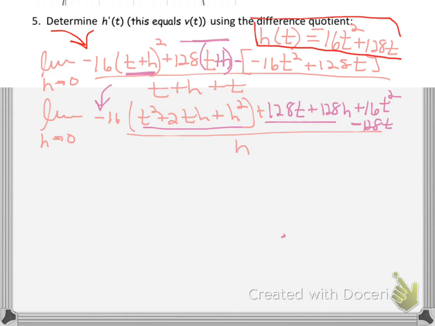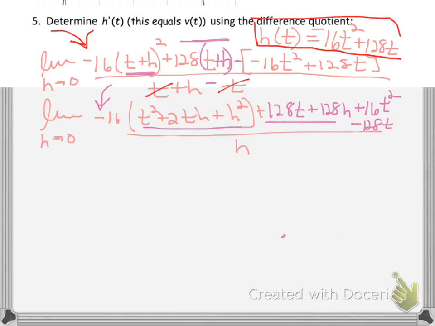Then I finally also canceled out these t's because they're opposite signs. Well, they should have been opposite signs. Right, so now they are opposite signs. Alright, so we're back in shape here.